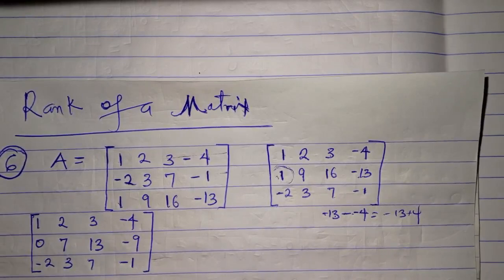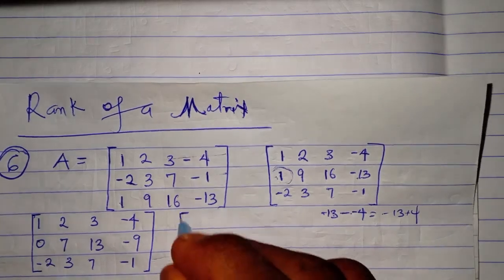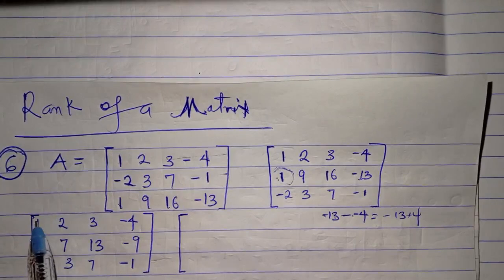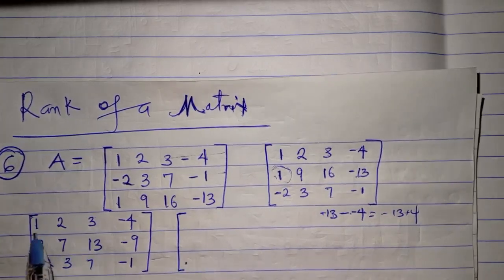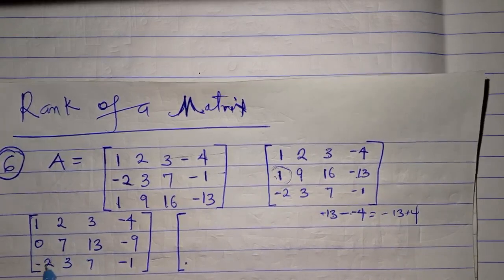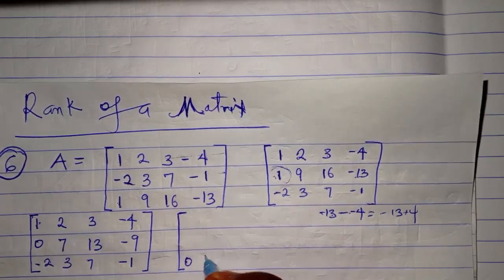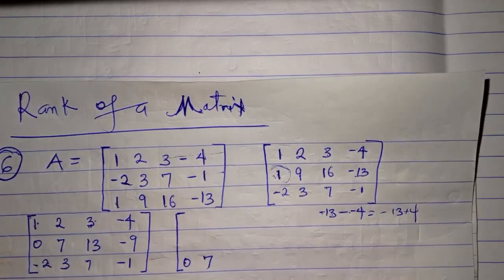You get it? So we can now make this one 0. If I multiply row 1 by 2 and add, minus 2 plus 2 is 0. Times this by 2, that will be 4, and 3 plus 4 is 7. If I times this by 2, that will be 6, and 7 plus 6 is 13.